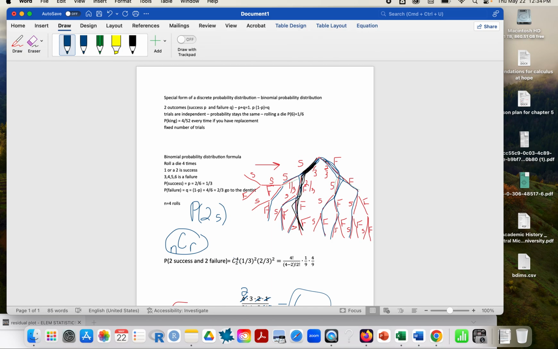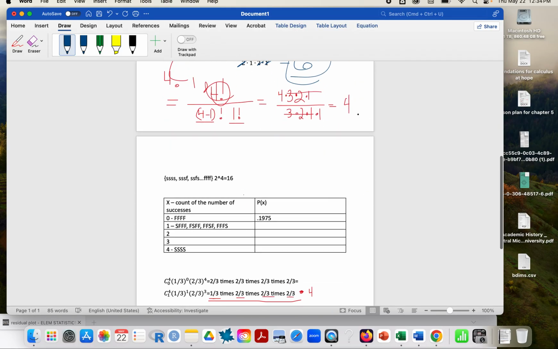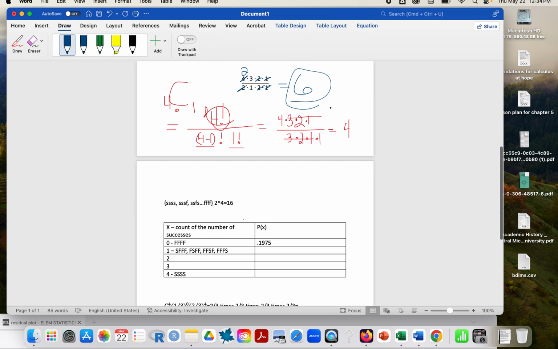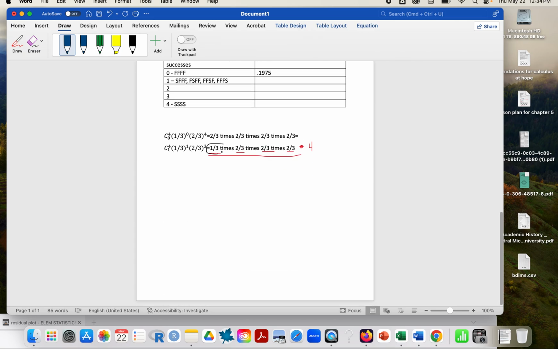That's 1. Now a failure and a success. I can't have any more successes. I just need 1 success. So there's a failure and there's a failure. So I have 2 paths. Here's failure, failure, success, and failure. That's 3 paths. And then I have failure, failure, failure, and success. There's my 4th path. So this counts the number of paths that have 1 success and then 3 failures, and there are 4 of them.